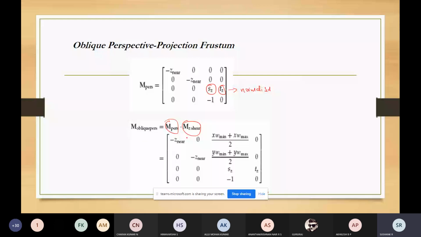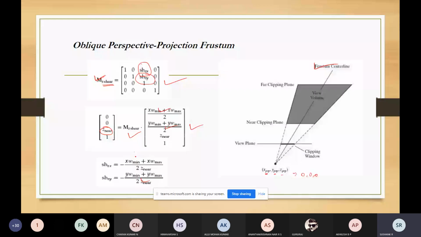So here you can see this, where these two values are replaced with x min, and these values are replaced with these values, you can check it out.